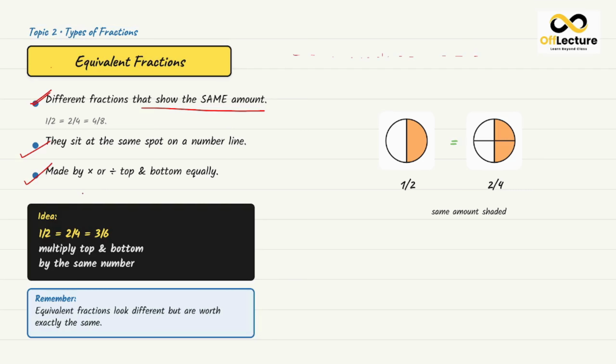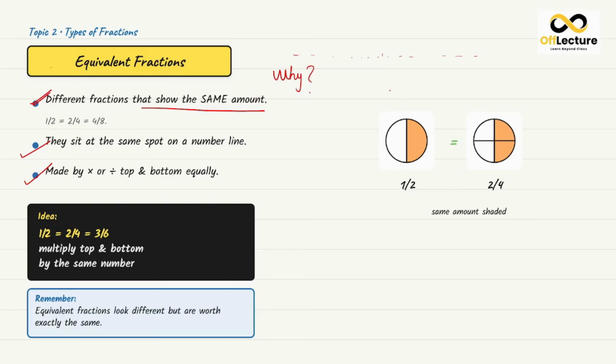Now you may ask the question, why does the value remain the same? Because multiplying both by the same number cuts the pieces smaller while taking proportionally more. That is, the total amount remains unchanged.